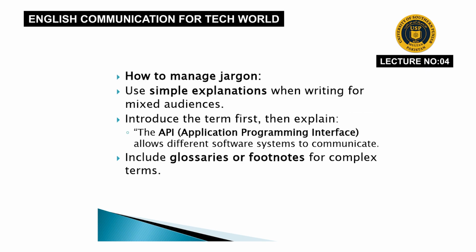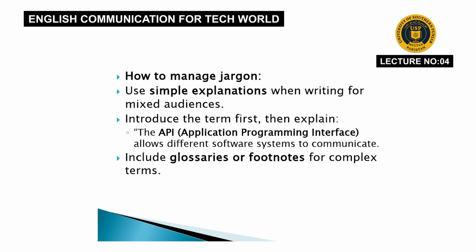Now, how to manage technical jargon is a very important question, as there are several ways to manage technical jargon effectively in technical writing. First, when writing for a mixed audience, try to use simple explanations whenever possible.